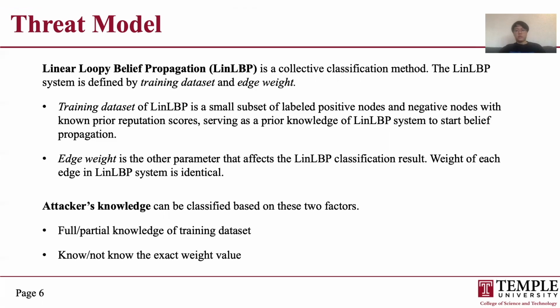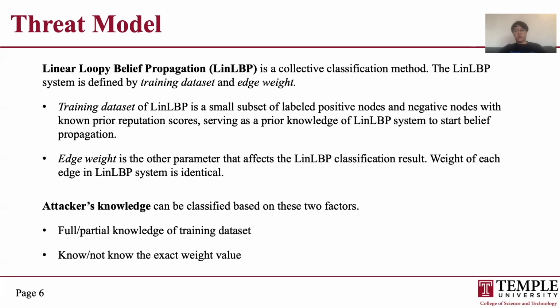The training dataset of the linear LBP is a small subset of labeled positive nodes and negative nodes, serving as prior knowledge for the linear LBP system to start the belief propagation process. The rest of the nodes are the testing dataset. In the linear LBP, the weight of each edge is the same.